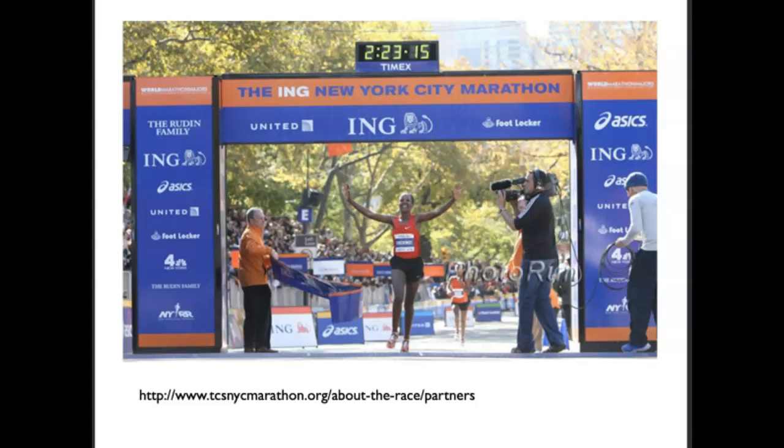Obviously ING is the title sponsor, because ING is in the title, the ING New York City Marathon. You can also see the finish line. You'll see the logo appear multiple times and be much easier to identify compared to other sponsors. So this is about title sponsors.